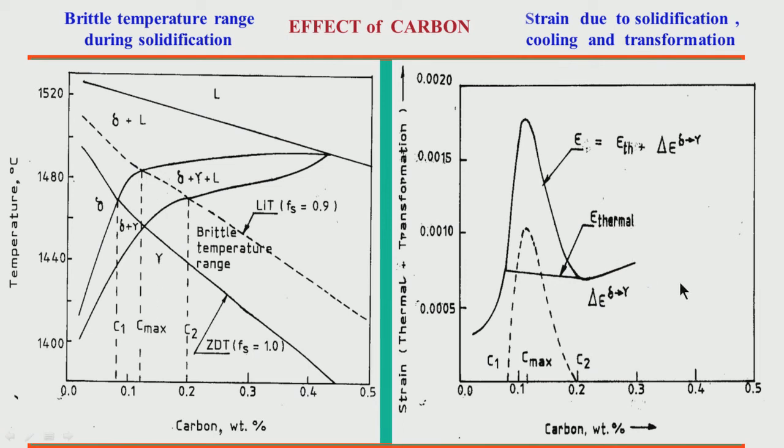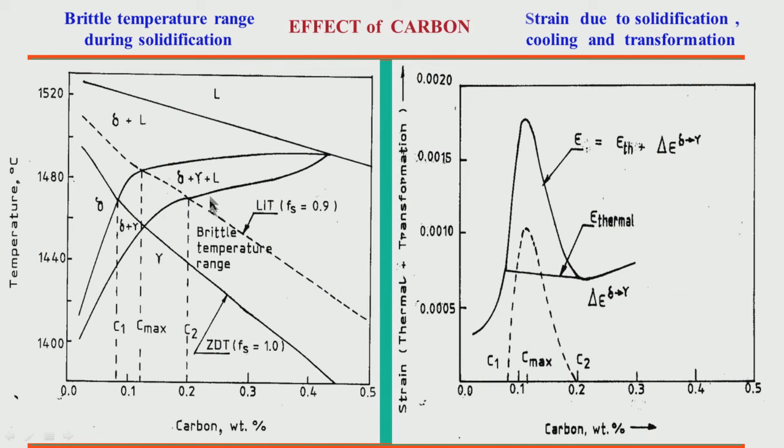That is why for this particular carbon range around 0.1, that means slightly less than 0.1 to maybe 0.15 or 0.16, normally people say it is better to avoid that chemistry, because this chemistry will have a lot of surface depression on the cast product, whether it is bloom or billet or slab. Why is surface depression forming?